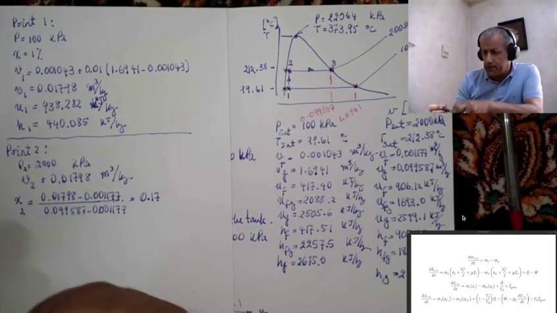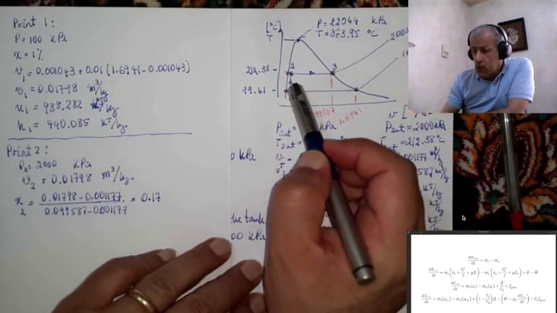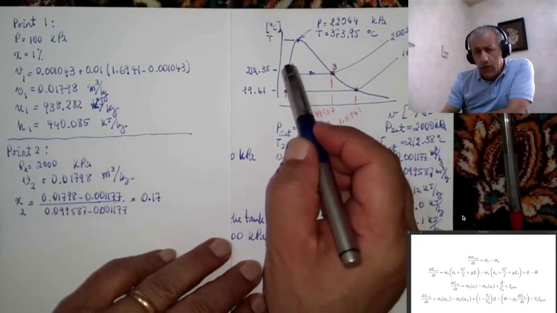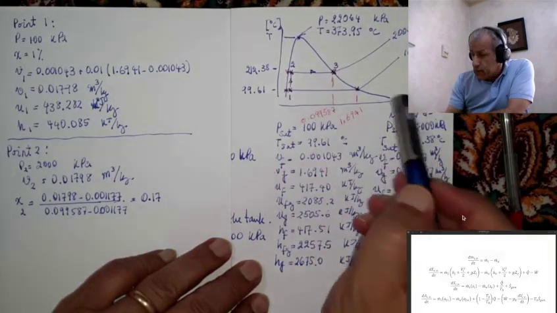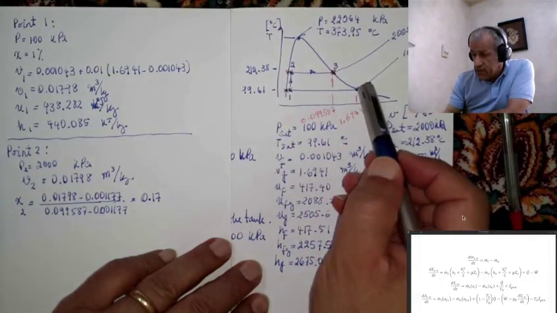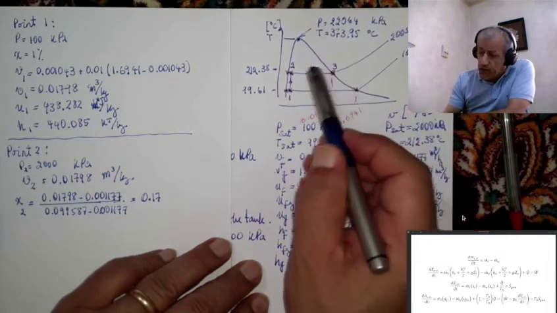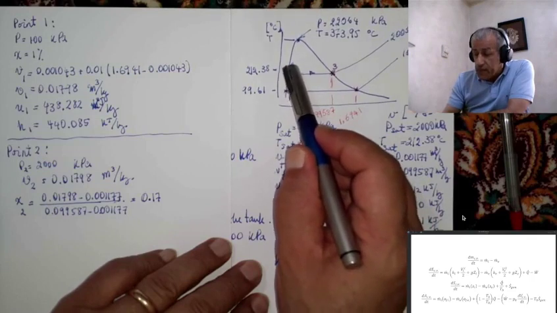What has happened? You see, point 1 and point 2 are very close to saturated liquid. But point 3, as compared to this point, has moved farther to the left. It's much closer to the saturated liquid point.